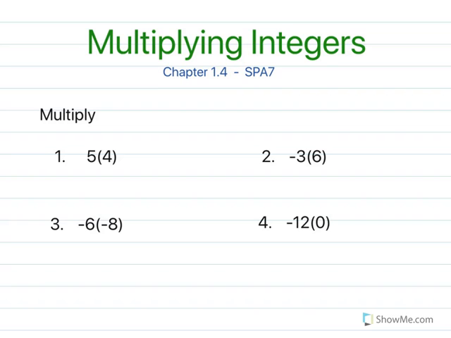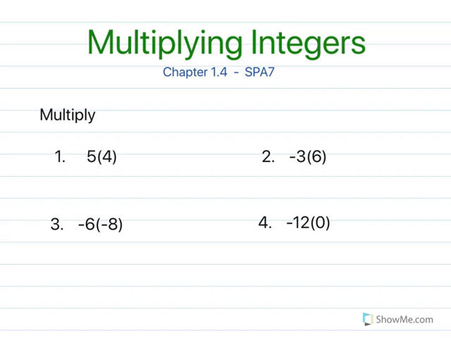The first rule is that if you multiply a positive by a positive, it's always positive. If you multiply a negative by a negative, it's always positive. And if you multiply a negative by a positive or a positive by a negative, it's negative. That's one way of looking at it. Or you can think of whenever you're multiplying by a negative, you're taking the answer and then taking the opposite. So let me give you some examples.